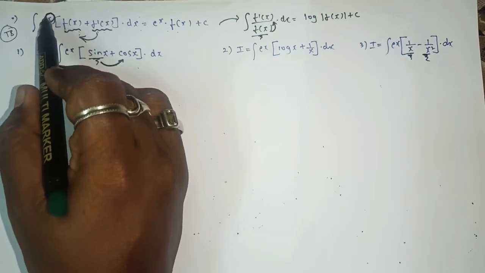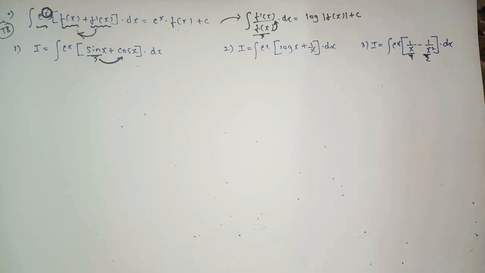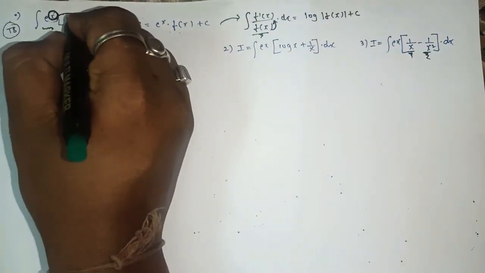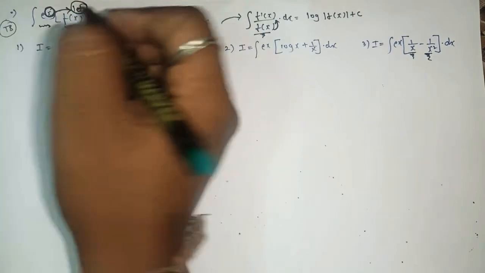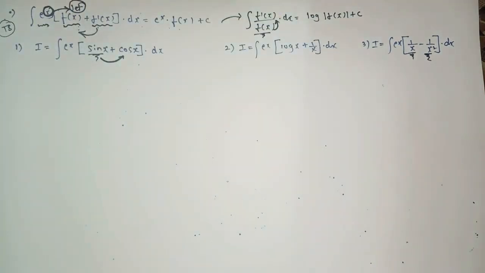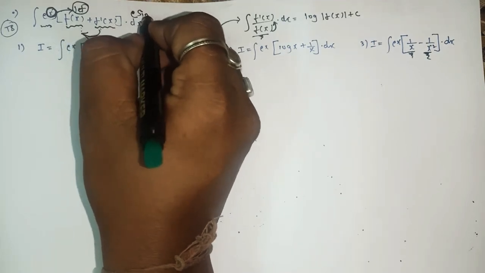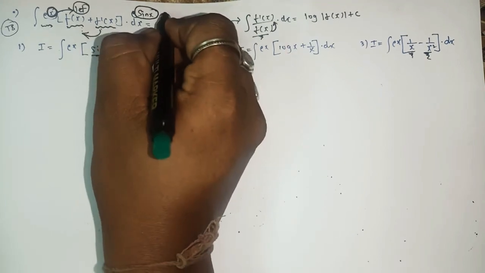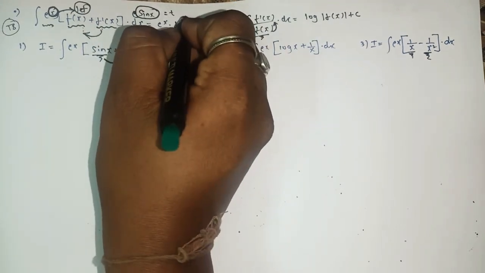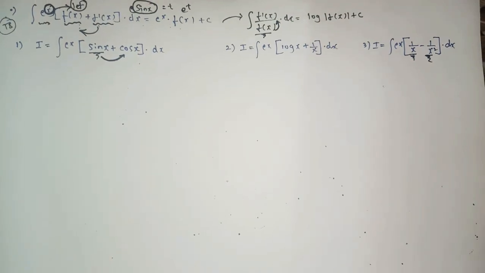If it contains any other term than x, then you have to consider that part as t. Suppose in place of x it is e raised to sine x or something else, you will consider that part as t. So in the next step it will be e raised to t. Okay, got the point?